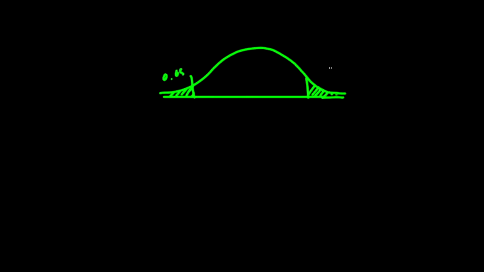So, this is 0.05, 0.05. Now, if we do 0.025, parang sinasabi natin is nandito lang siya. So, this is in the area of 0.025. Tapos dito naman, 0.025. So, that corresponds to alpha equal to 0.05.